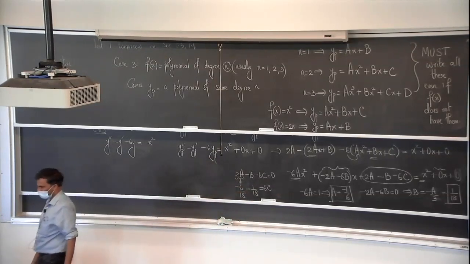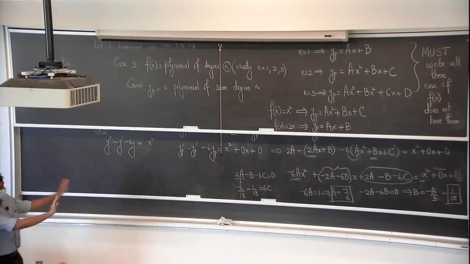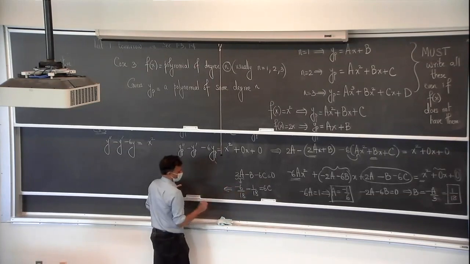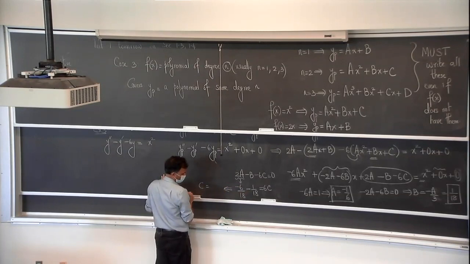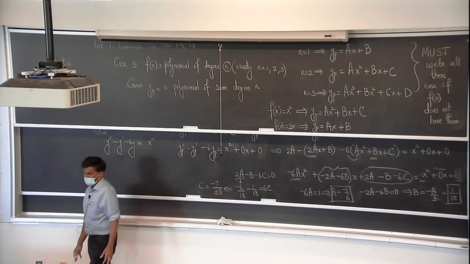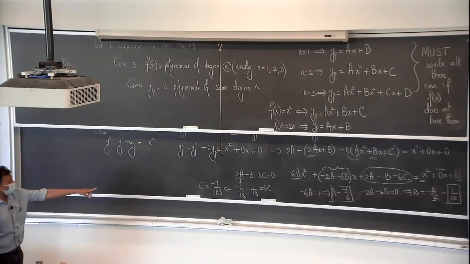You didn't see that, right, online? Sorry about that. So now c is negative 7/108. Still an ugly number, so doesn't help, but is that okay now?